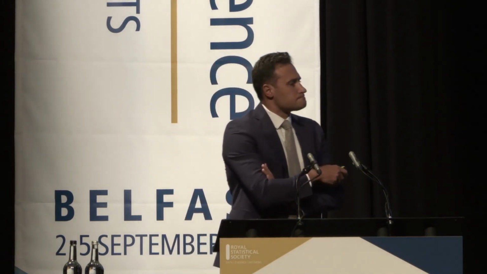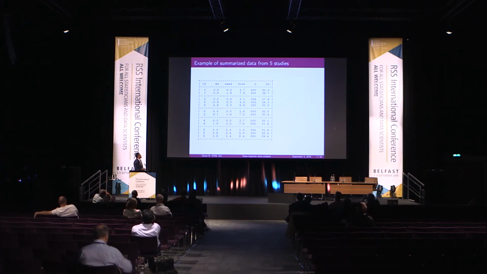And those two recent applications are using randomized trials where we only have a few doses that are being compared. And so I'm going to show you directly the structure of the data that we have. So here you have an ID for the different studies. Typically we have mean differences. So there is a zero, that's the comparison group, then 2.7.